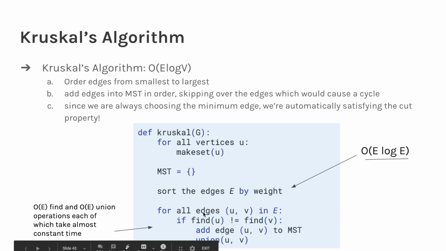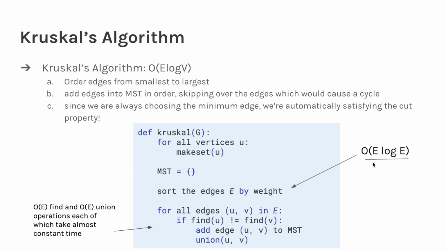So when we're considering adding an edge from the sorted list, if U and V, the endpoints of the edge, are already connected, so they're already in a connected component, then you don't add that edge. So this is where we are going to use the union find operations that we've learned about for Kruskal's.